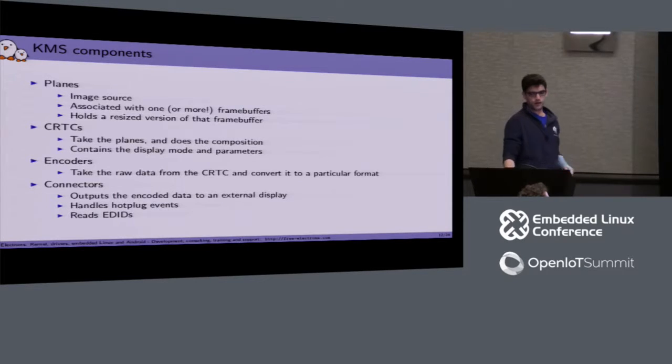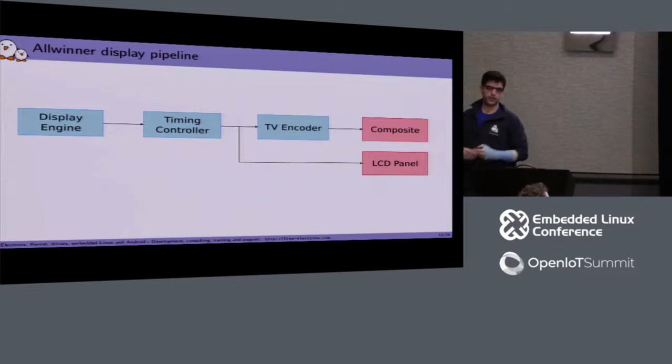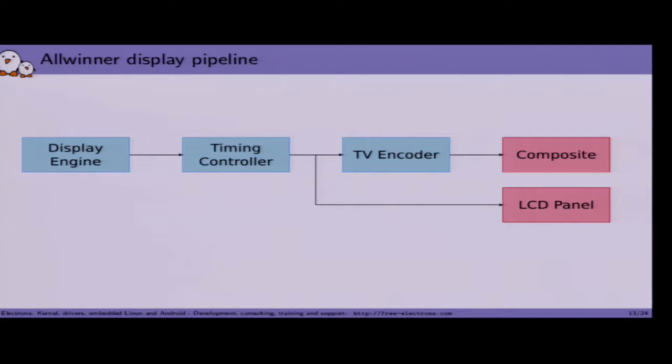And so when it comes to the Allwinner display pipeline, what we have is this. We have first the display engine that is split in two parts, called the front end and back end. The back end is mostly the raw feature of the planes. You have several planes that you can set at different resolutions, and then you are just passing them along to the timing controller, which is basically our CRTC that will assemble them.